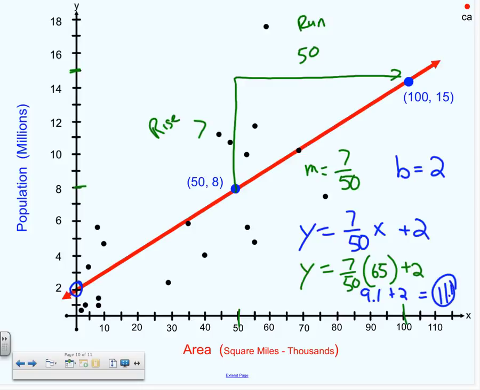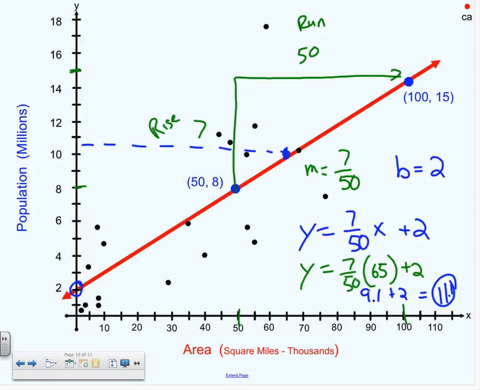So we're predicting that in a state with about 65,000 square miles, you're going to have somewhere around 11.1 million people. And so if we follow that line, we end up right about here, which is a little bit more than 10, a little bit less than 11.1, but it did give us a fairly good prediction of about how many people would be in a state that is 65,000 square miles in area.